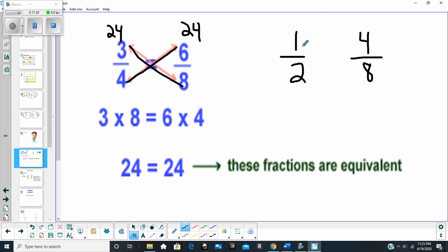So when I multiply 1 times 8, I get 8. And when I multiply 2 times 4, I also get 8. Which tells me that 1/2 is equal to 4/8.